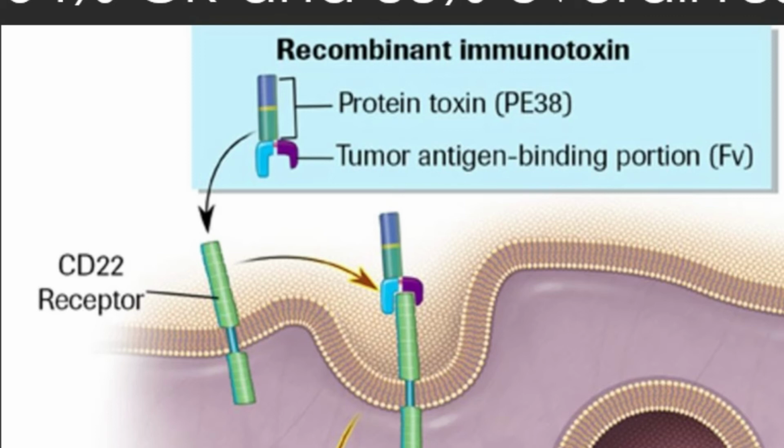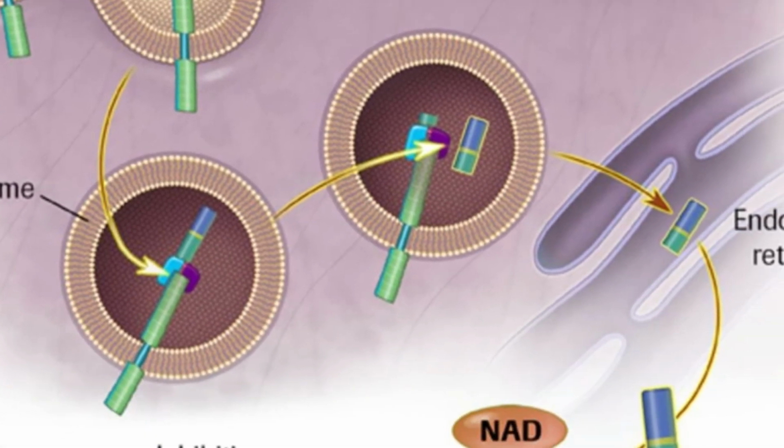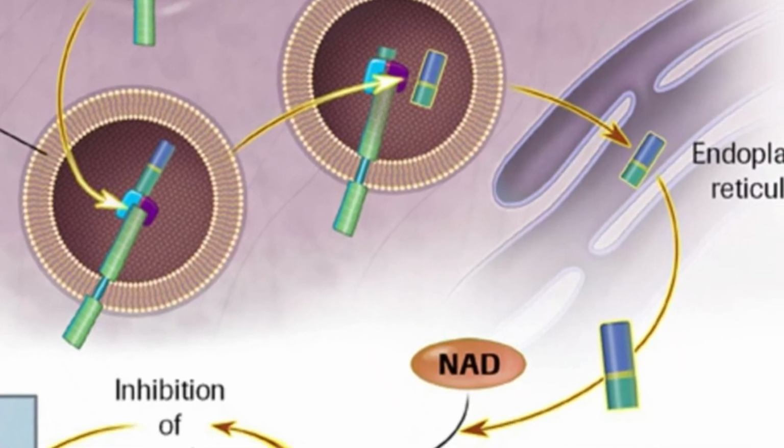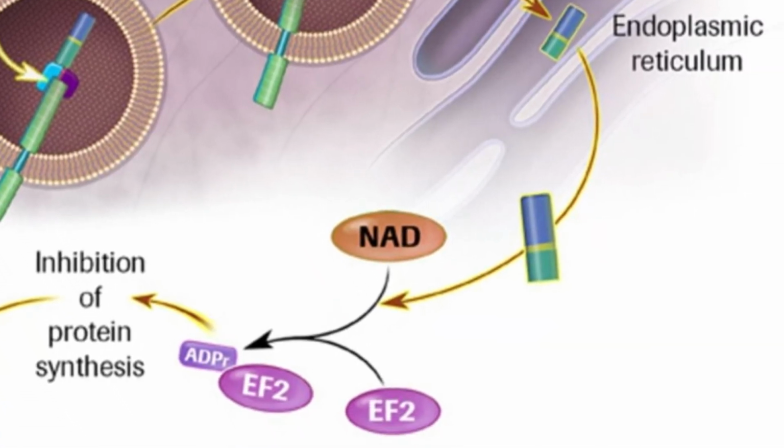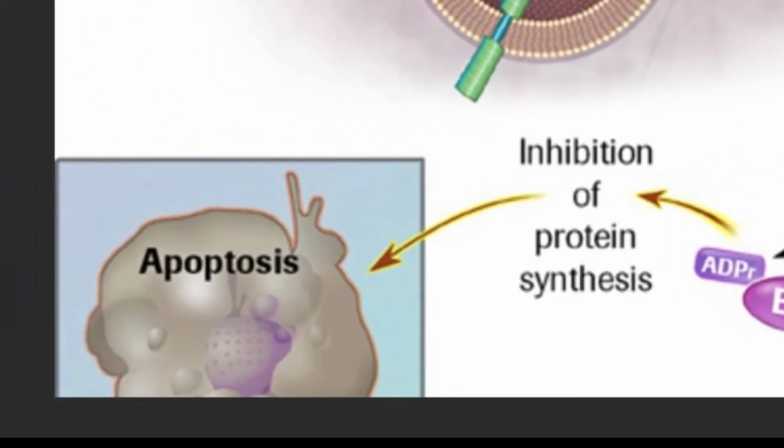So this immunotoxin is made to bind to the CD22 receptor and then become endocytosed, which liberates the enzymatic portion of the toxin, which moves through the cell, inhibits protein synthesis, and accomplishes a programmed cell death called apoptosis.